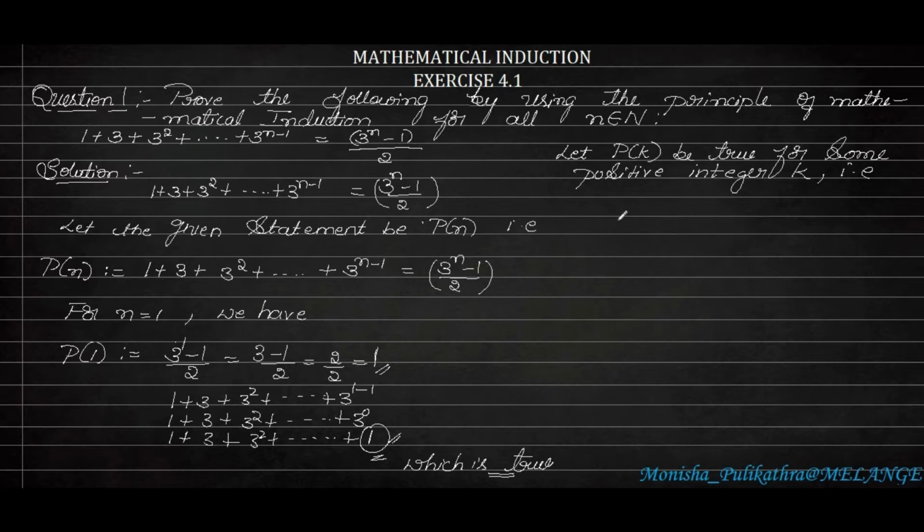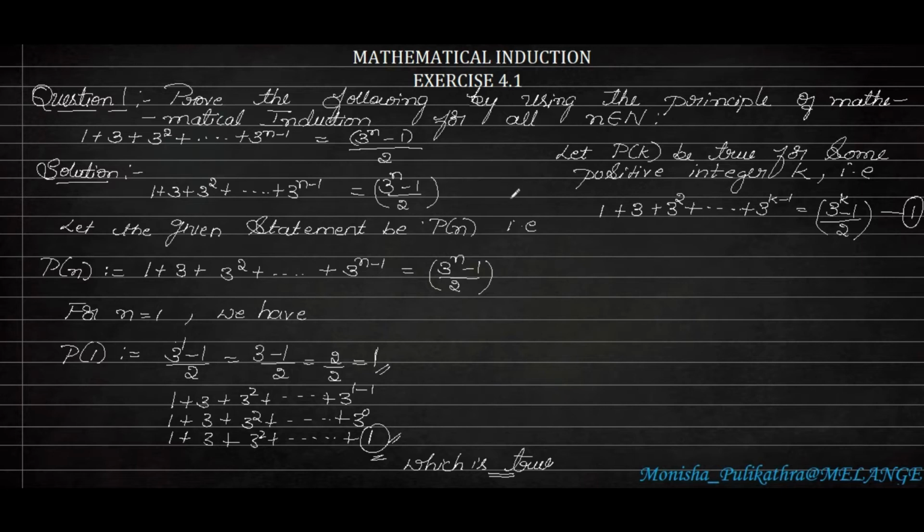So the statement will become 1 plus 3 plus 3 square plus etc. up to 3 to the power of k minus 1. Wherever n is there, we have to substitute it as k. So it will be equal to 3 to the power of k minus 1 divided by 2. Let this equation be equation 1.